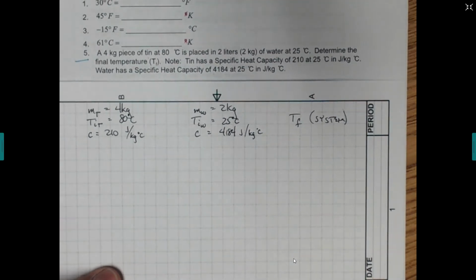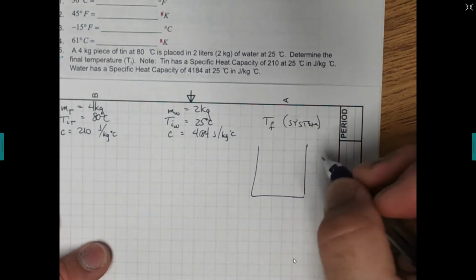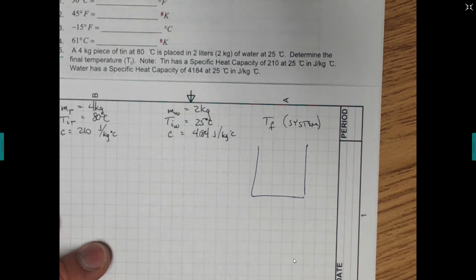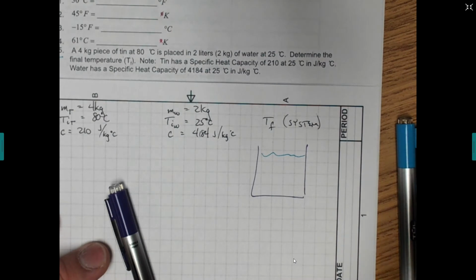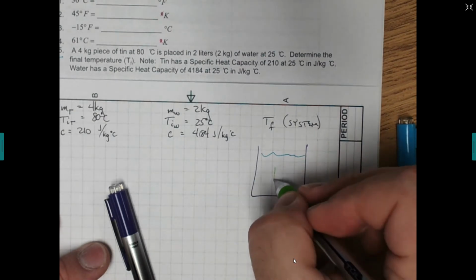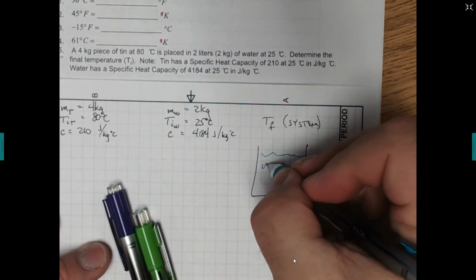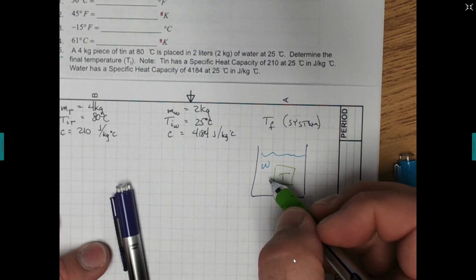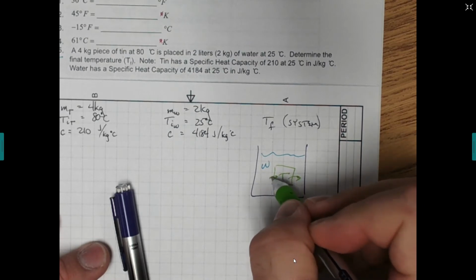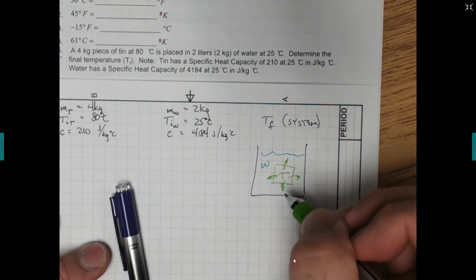Now the big thing we have to realize here is we're taking basically a bucket of water. So we've got our bucket of water, and we're dropping this piece of tin. We'll make tin green. Here's my tin, here's my water. As we drop this 80-degree piece of tin in this 25-degree water, we're going to have heat transfer, or energy transferring out of the tin into the water.